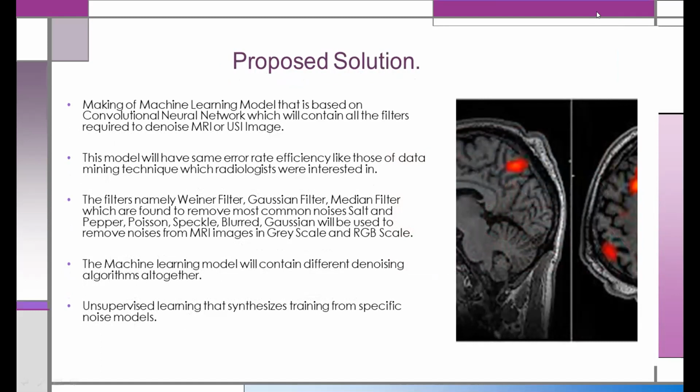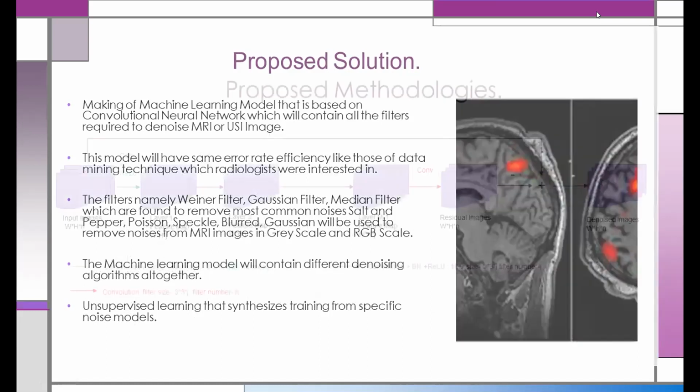The reason why we chose CNN is because it gives us the current state of the art architecture for image processing tasks. Here we have passed the image through layers like Conv2D, then MaxPool2D, then we have done upsampling, and basically we have removed two particular noises from the model. The first is Poisson noise, and the second is Gaussian noise, because they both depend on the nature of light.